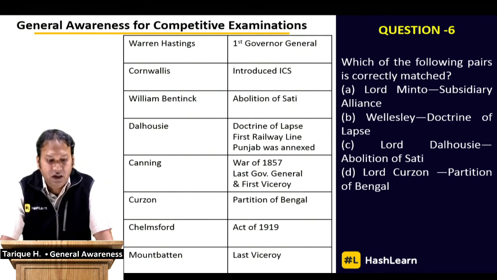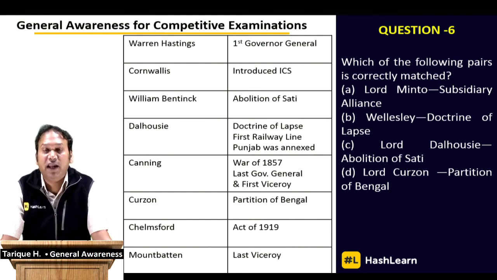Okay, and this Dalhousie had taken some very important decisions, and one of them that mainly triggered the first war of independence in India was the doctrine of lapse. Dalhousie is the one who came up with the doctrine of lapse, a British ploy to annex territories of different princely states in India.